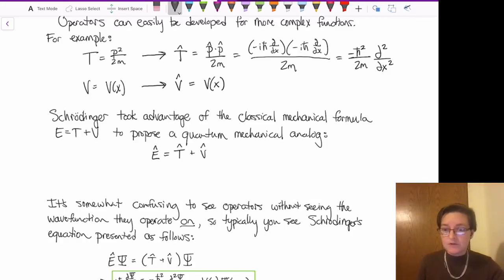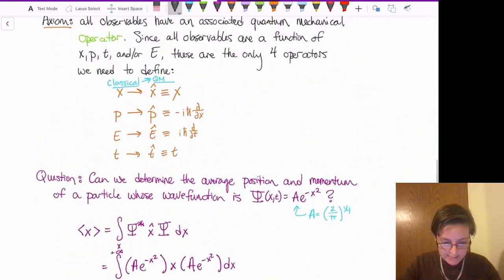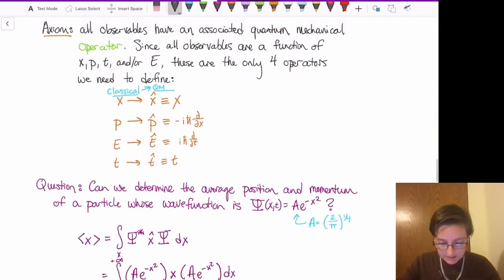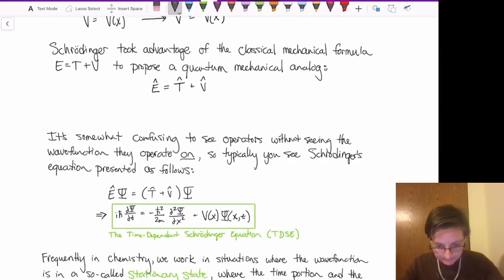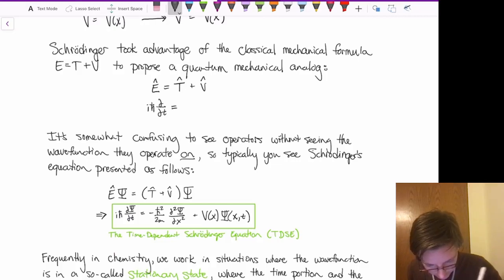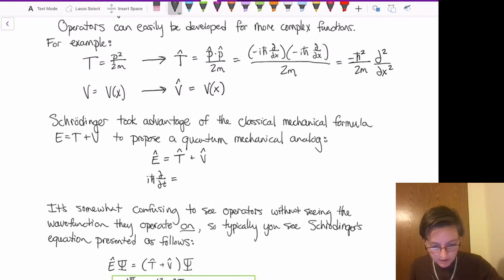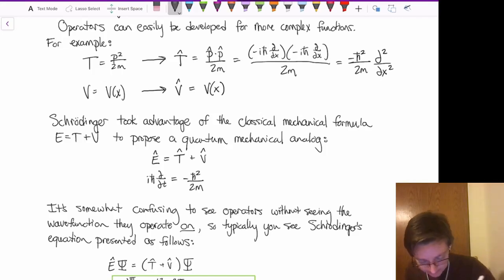And substituting in the known operators that we have at this point of the course, E is equal to i h bar d by dt. That is equal to what I just derived from my kinetic energy operator, negative h bar squared over 2m d squared dx squared plus V of x.